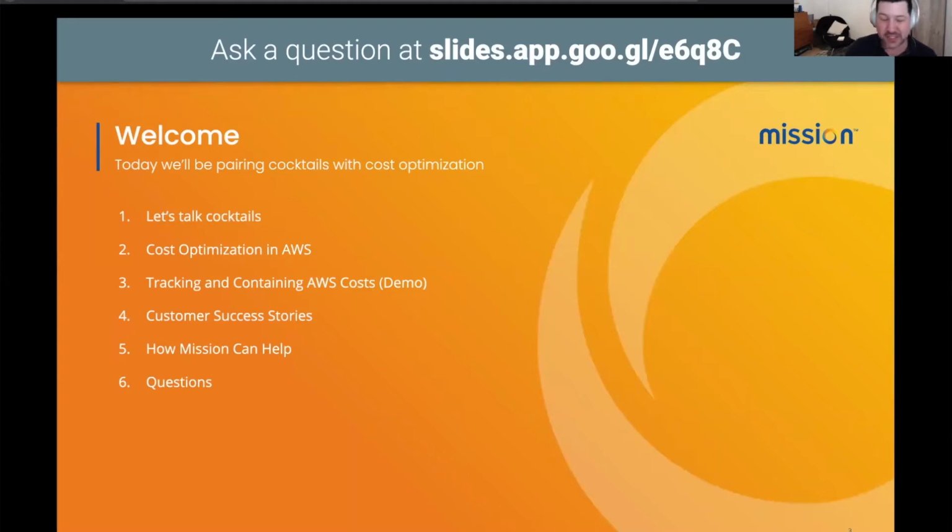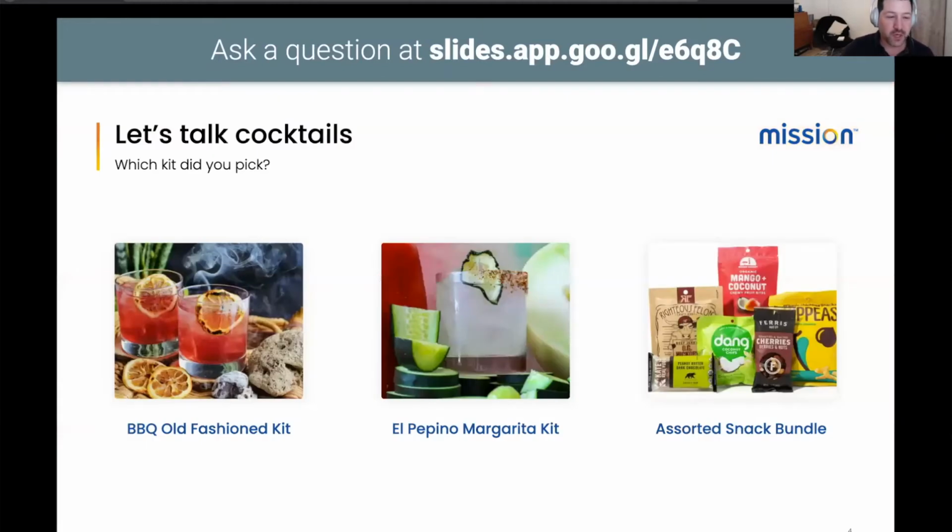Let's get to the good stuff. Let's go to the cocktail section. So here we just wanted to give everyone an opportunity to crack open their little cocktail kit. I'm prepped and I've got a beautiful ice sphere in my double-walled glass because I take this very seriously, almost as seriously as I do cost optimization.